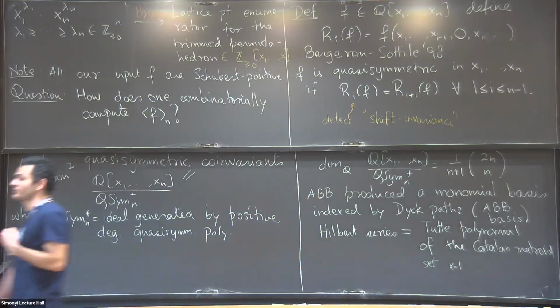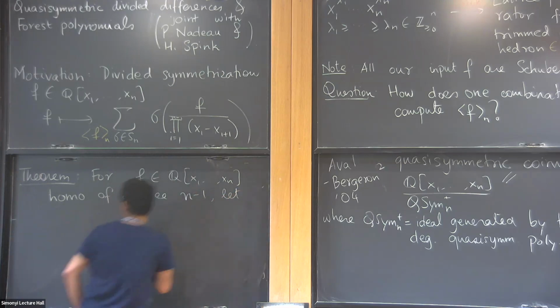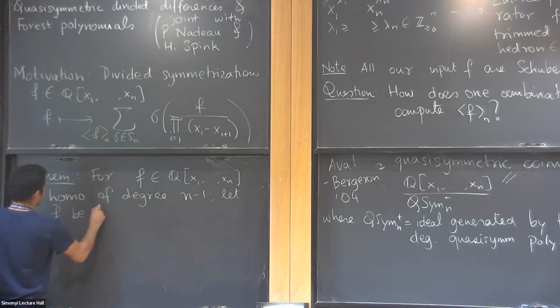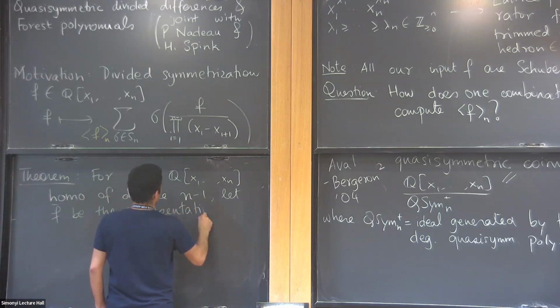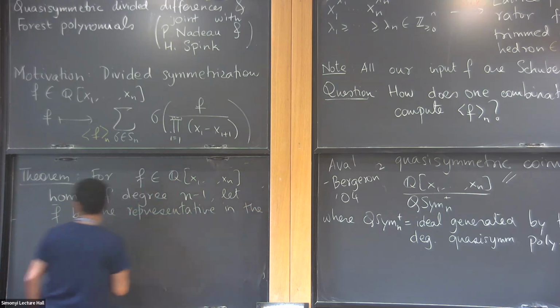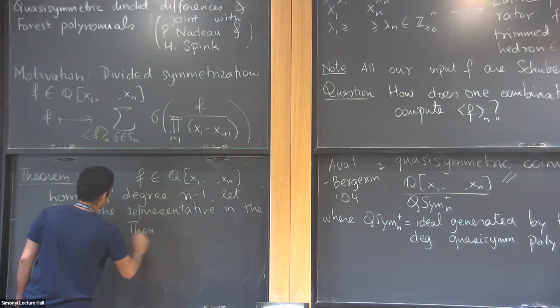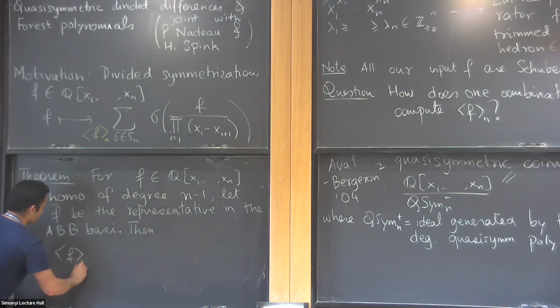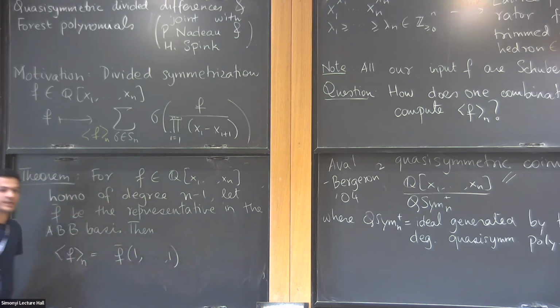Okay, so take a distinguished choice of representative in the ABB basis. So let f bar be the representative in the ABB basis. Then the following happens. Divided symmetrization is taking the sum of coefficients in the ABB basis.